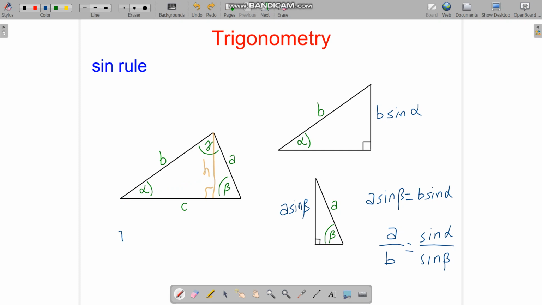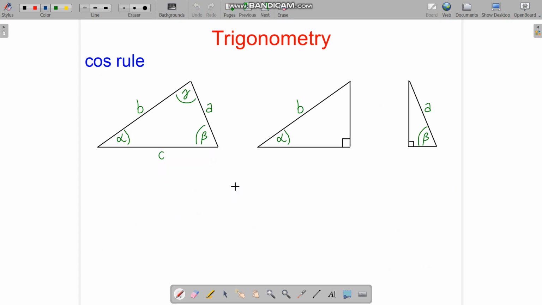So the formula, the sine rule, is sine alpha over a equals sine beta over b equals sine gamma over c. So it's always the angle and the opposite side: alpha and a, beta and b, and so on.